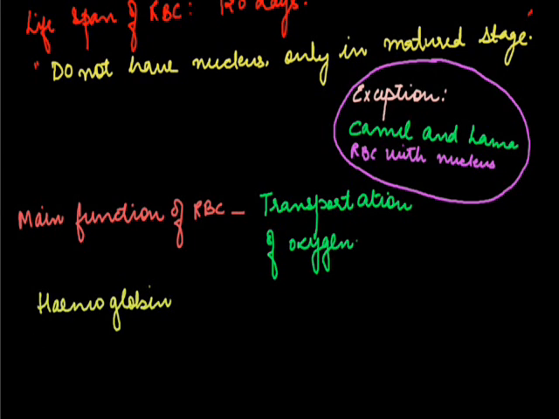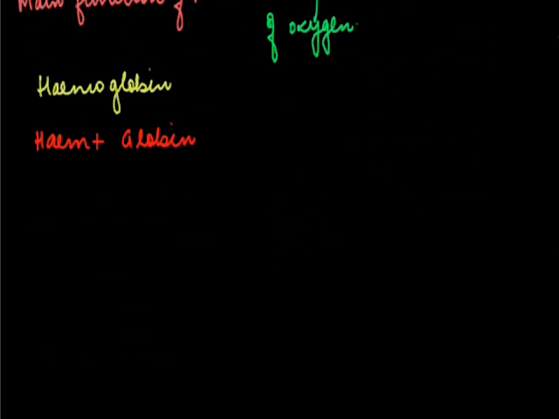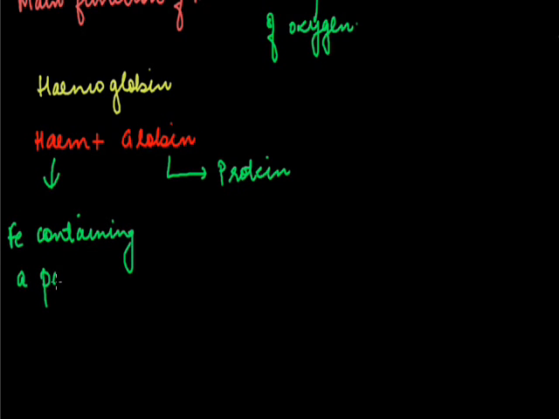This hemoglobin protein is made up of heme plus globin. In this, globin is the protein portion, whereas heme is iron containing a porphyrin ring. This is a very important structure.